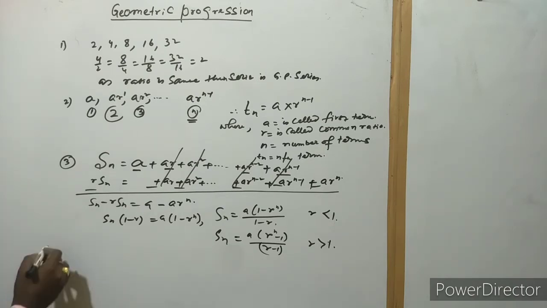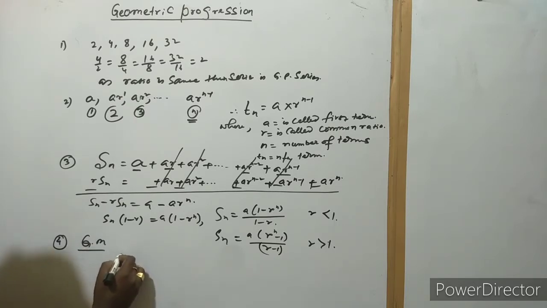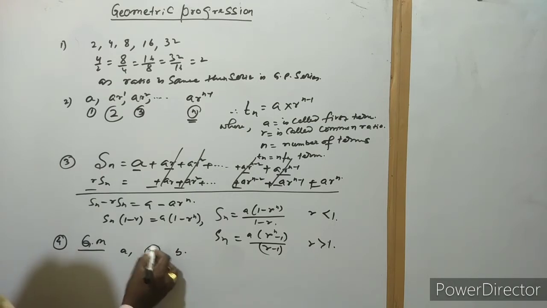Now we have to find the GM, geometric mean. Now let us discuss GM. For two numbers, if we are given two numbers a and b, find the geometric mean. Let us assume x is the mean. Then from the geometric series, these three numbers are in GP.